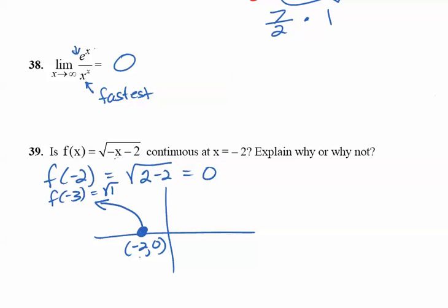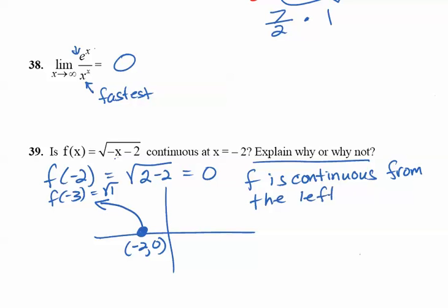Well, there's a left-hand limit. We can get to the closed endpoint. There's no right-hand limit. So you could say that f is continuous from the right, oops, sorry, I guess that's the left, from the left at x equals -2.